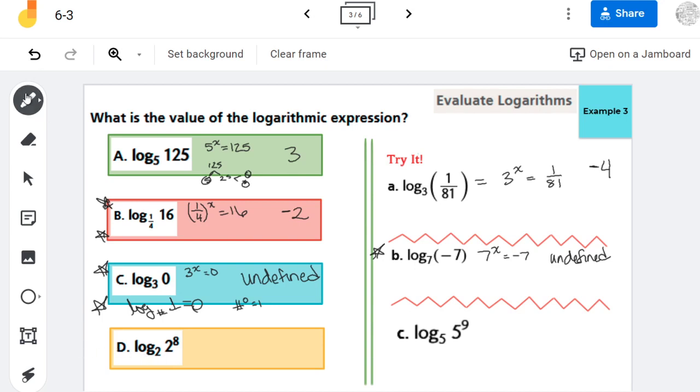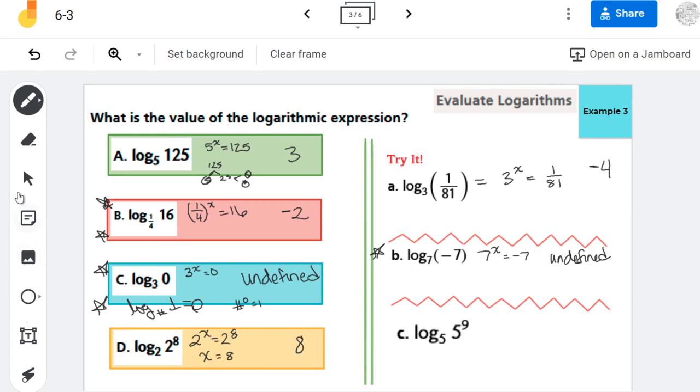So now for part D, I'm going to write part D as an exponential, but I'm also going to read it aloud, and I think it kind of slaps you in the face when I say it. So what power do you have to raise 2 to make it 2 to the 8th? If I write this in exponential form, 2 to some power equals 2 to the 8th, and it's really obvious there that x has to equal 8.